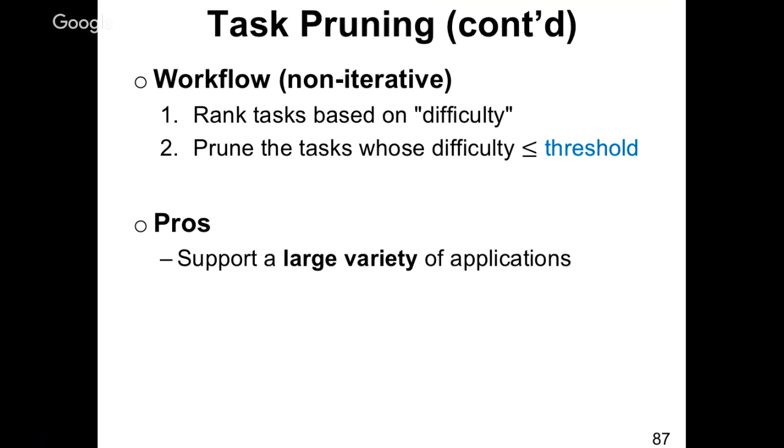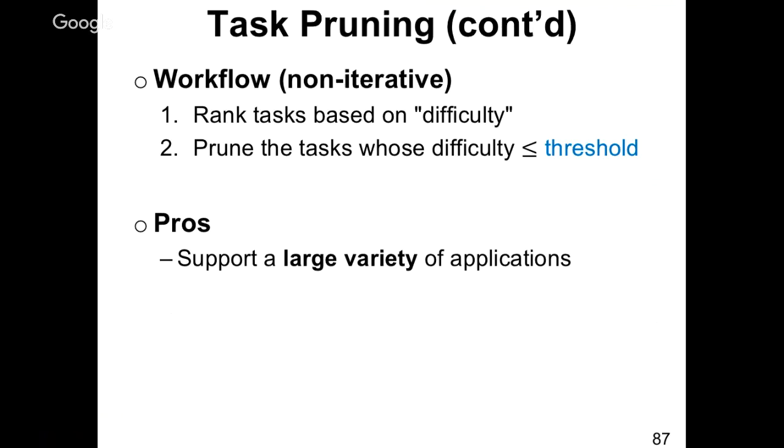The advantage is it works for a wide range of applications. Because think about that, for any hard problem that you can think of, there must already be a lot of existing machine-based techniques to solve it, like entity resolution, sentiment analysis, image labeling, right? So many, many machine-based techniques.